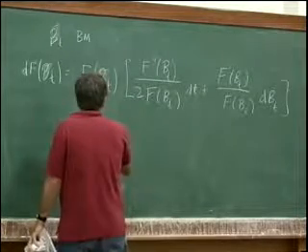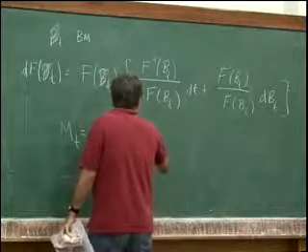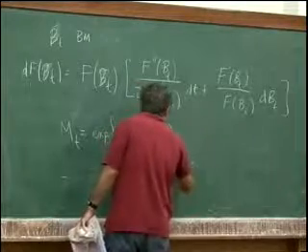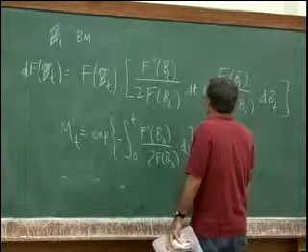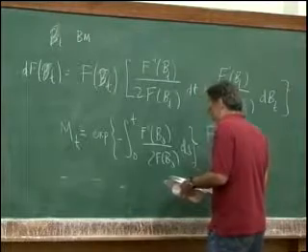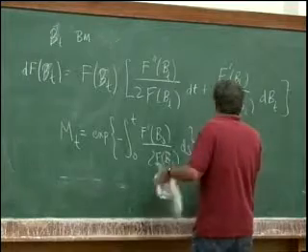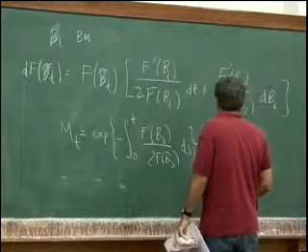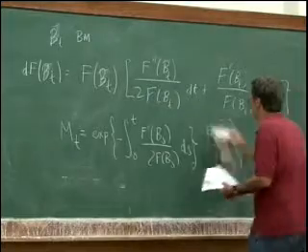So M_t is equal to the exp of minus the integral from 0 to t of f double prime of B_s over 2 f of B_s ds, times f of B_t. Sorry, no, I'm sorry.